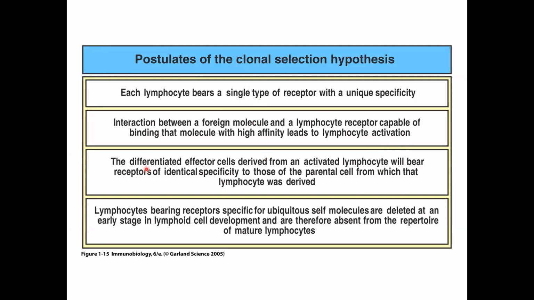And then those differentiated effector cells from the activated lymphocyte will each have that same antigen receptor, and antigen receptors that are specific for self have to get deleted at some point because otherwise you would have autoreactivity. And so all of these postulates have turned out to be pretty true with obviously some very important details.